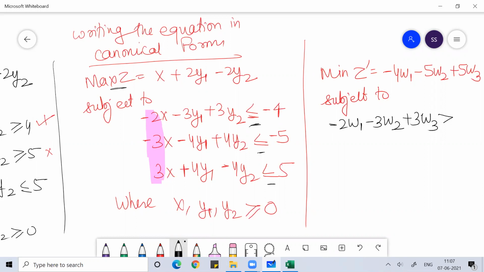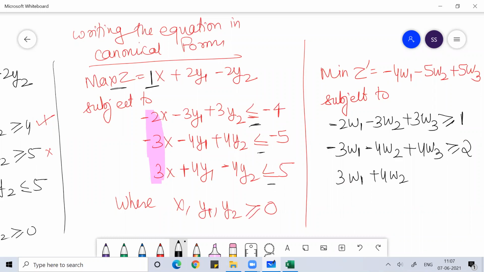This is minima, so the constraint will be greater than or equal to the cost coefficient of the objective function of the primal, that is 1. Then minus 3W1 minus 4W2 plus 4W3 is greater than or equal to 2. Then 3W1 plus 4W2 minus 4W3 is greater than or equal to minus 2.